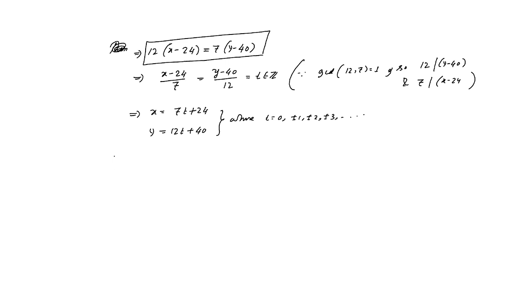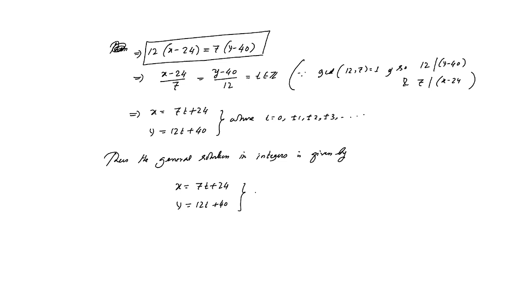So what is our general solution? Thus the general solution in integers is given by x equals 70 plus 24t and y equals 12t plus 40, where t equals 0, plus minus 1, plus minus 2, plus minus 3 and so on.